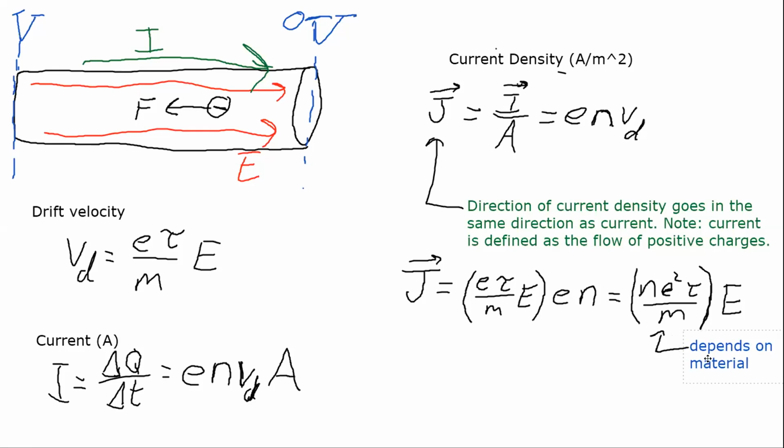Okay, so rather than looking at n and tau and knowing those values, because all these are constants and just depend on the material here, we could rewrite that as this. I'm going to rewrite J and simplify this.